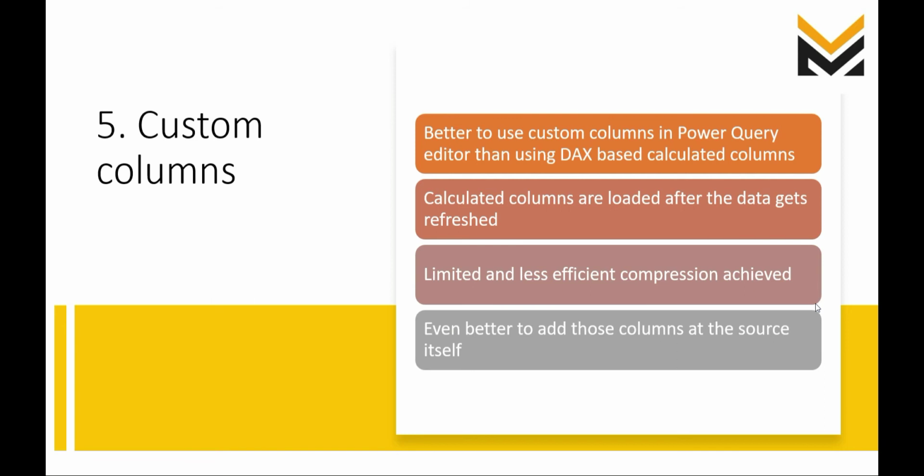All of the columns coming from Power Query Editor get compressed and optimized during loading itself. After this, the calculated columns are evaluated. So in their case, limited compression is achieved and it is less efficient. So it's always better to add these columns as custom columns in Power Query Editor itself.